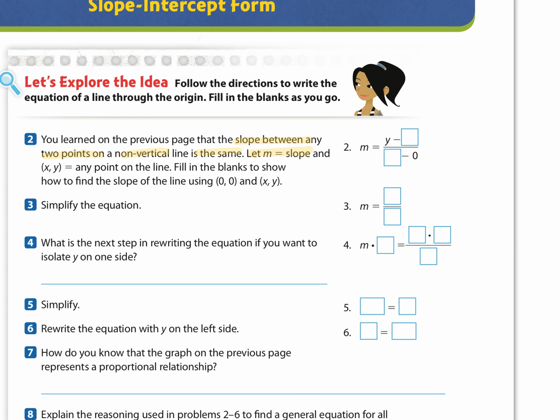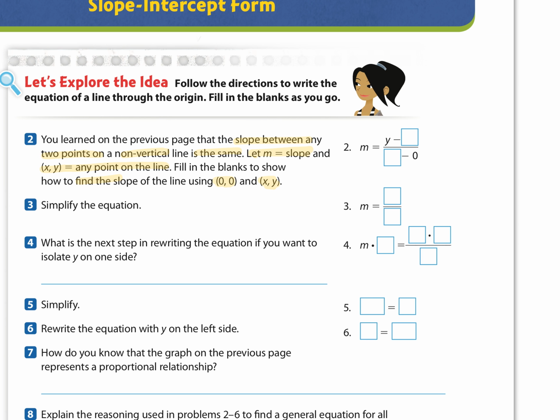Okay. Canas, what else do I need? You have to highlight that x, y equals any point on the line. Okay. And Melina, do you have anything else to add? Find the slope using the line 0, 0, and x, y. That's what we need. We need those 2 points to find the slope.